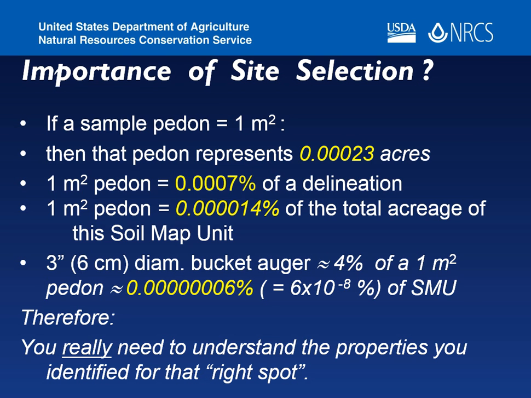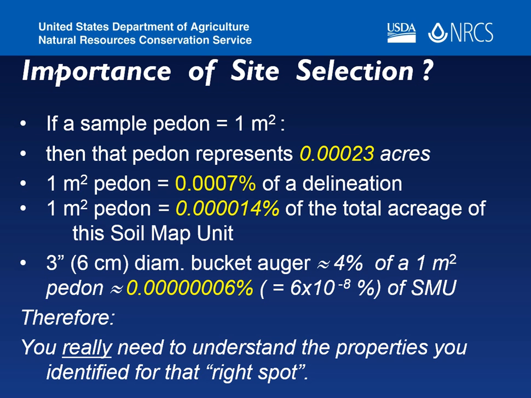So now you have narrowed down your vision of that population to 6 times 10 to the minus 8% of the entire soil map unit. So you're making an estimate. You're populating estimated soil properties based on the number of PEDONs that you described using an auger hole that's only 6 times 10 to the minus 8% of the entire soil map unit.